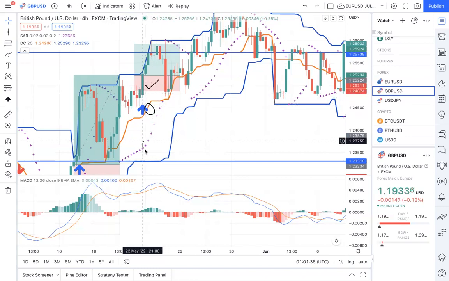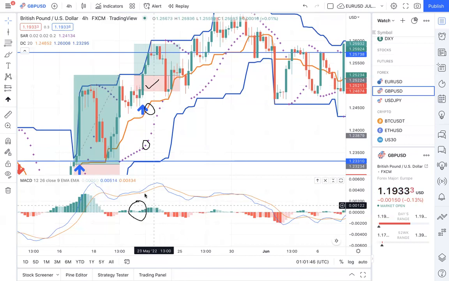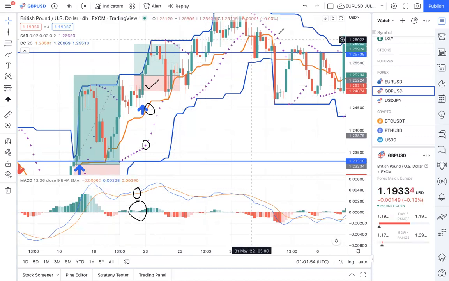We have the candle forming above the parabolic SAR, again telling us that the trend is going to continue. We have green on our histogram, and it's also facing up, telling us that the buyers are going to drive the price up. And we have the signal line above the MACD.